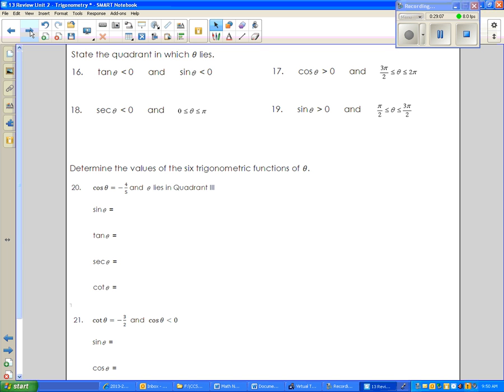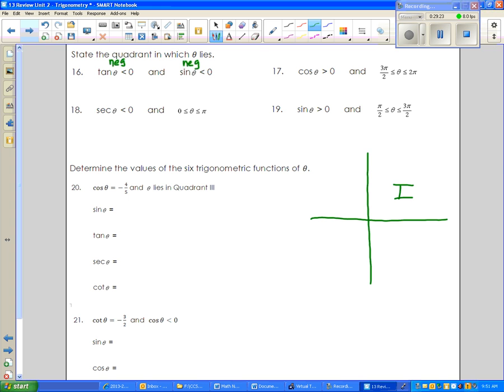So in number 16, basically you're told that the tangent is negative and the sine is negative. That's what less than 0 means. Tangent and sine are both negative. And if you remember, in our unit circle, we have quadrant 1, quadrant 2, quadrant 3 and quadrant 4.